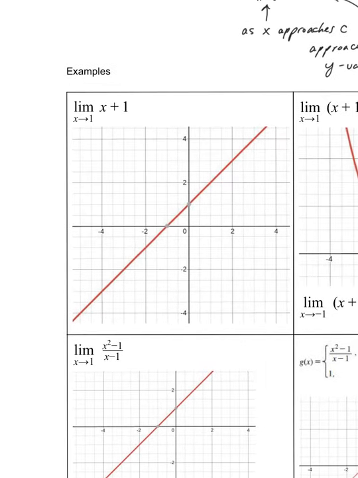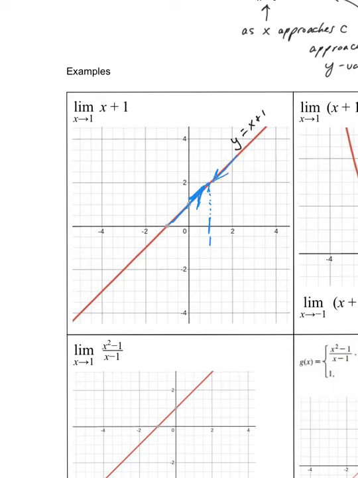The limit as x approaches 1 of the function x plus 1. What we have drawn here is the line y equals x plus 1. And they're asking, as x approaches 1, if you were riding the function and approaching x is 1, which is right here, as you're approaching 1 on this side, you can see that the y value is approaching 2.